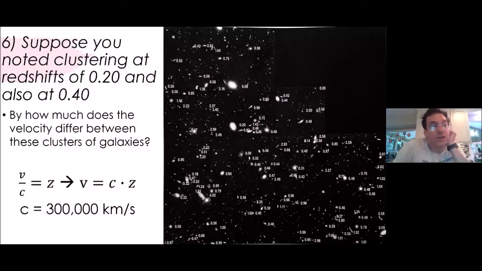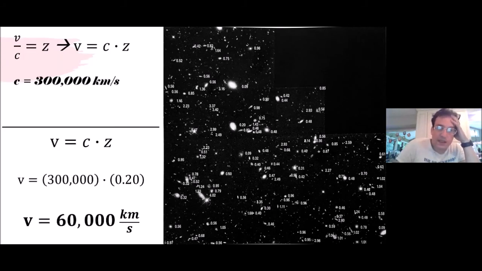The next question: suppose you noted clustering at redshifts of 0.2 and also 0.4. By how much does the velocity differ between the two galaxy clusters? I'm only going to do one, and I'm going to let you do the other one. The formula I'm going to be using is that the velocity is equal to the speed of light times the redshift.